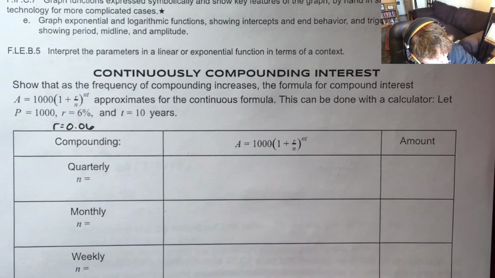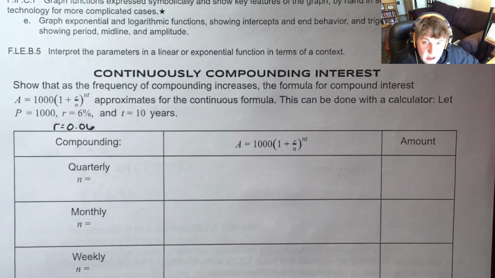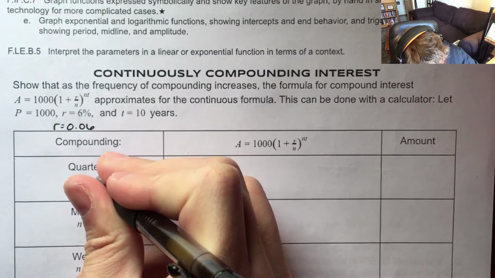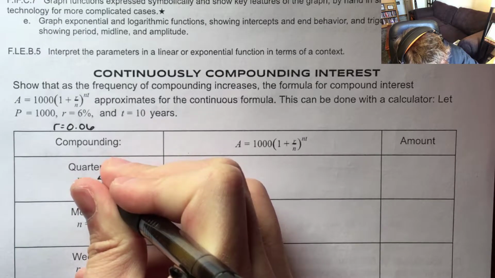The first one says we want to compound quarterly, so we have to think about what quarterly means. Quarterly means that n is 4. It's going to compound 4 times in a year.